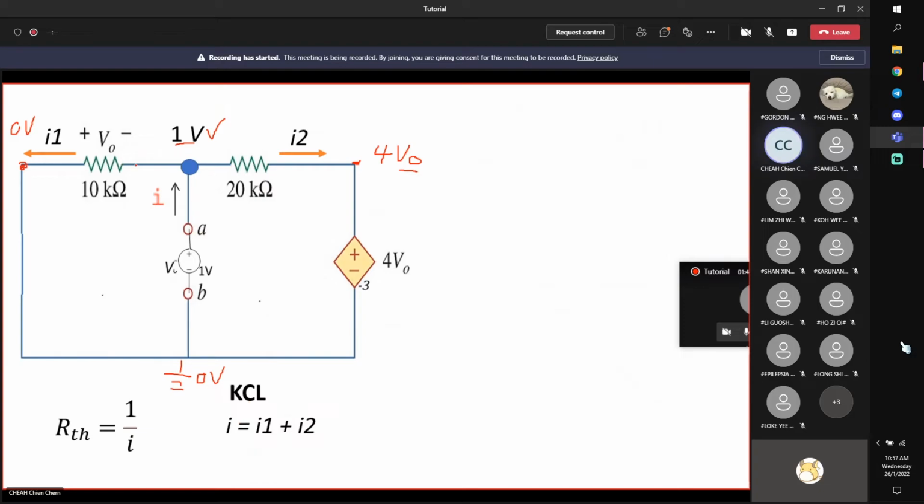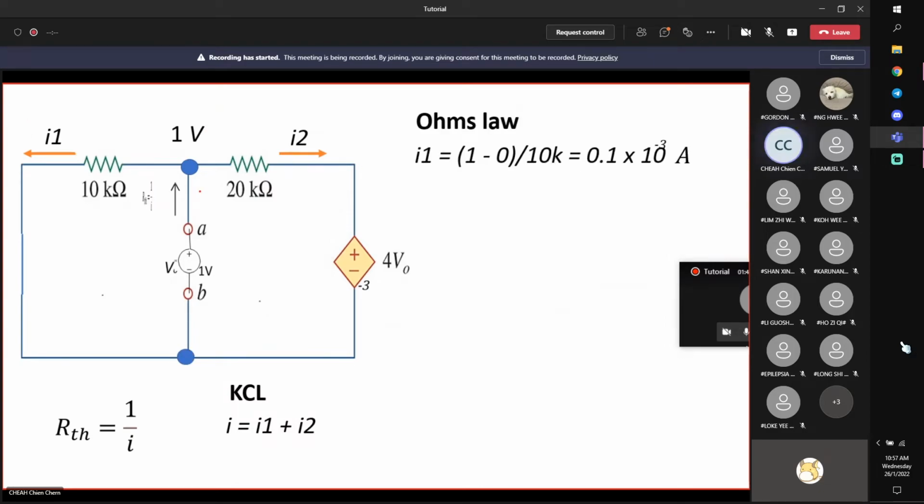Our current I is I1 plus I2. I1 is just the voltage across this resistor, which is 1 volt minus 0, from high to low, current flowing this way. So it's 0.1 milliampere, I1, just Ohm's law.